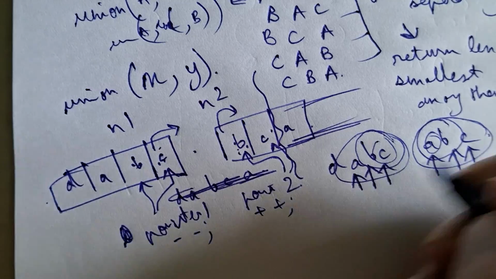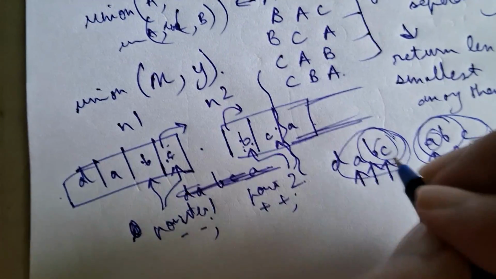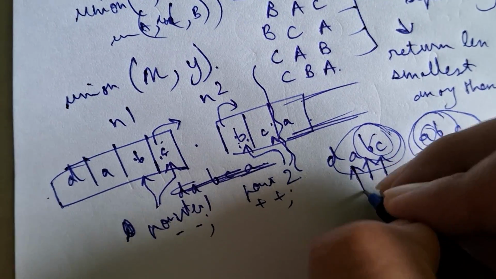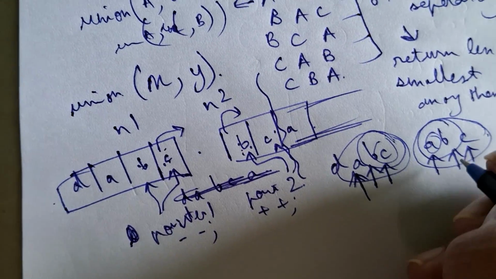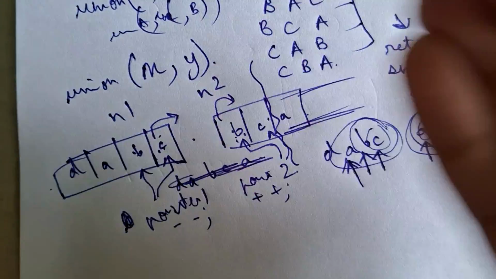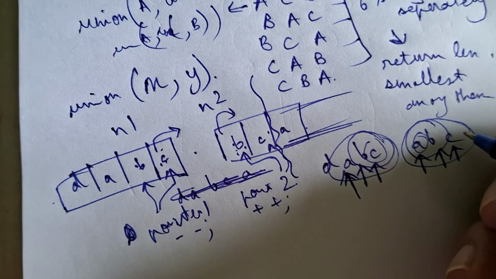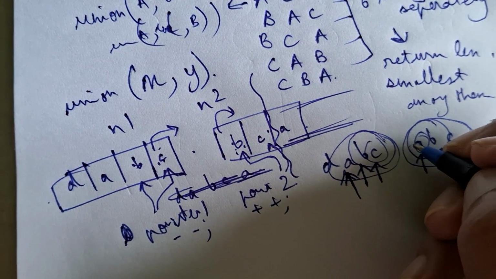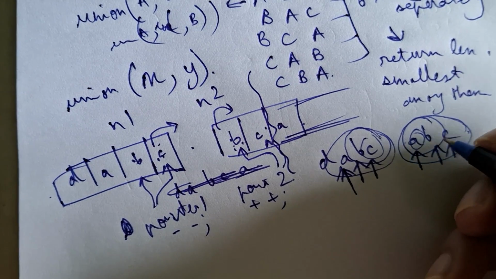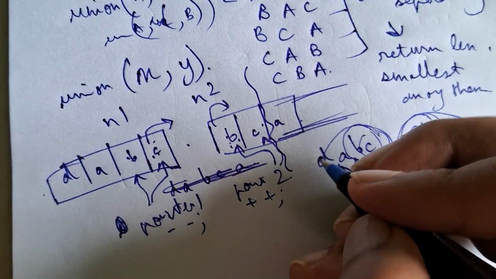Yes. Now remember one thing, we don't stop checking after we get it. We have to go on checking till the end, because, I can't think of an example, but you have to go on checking.